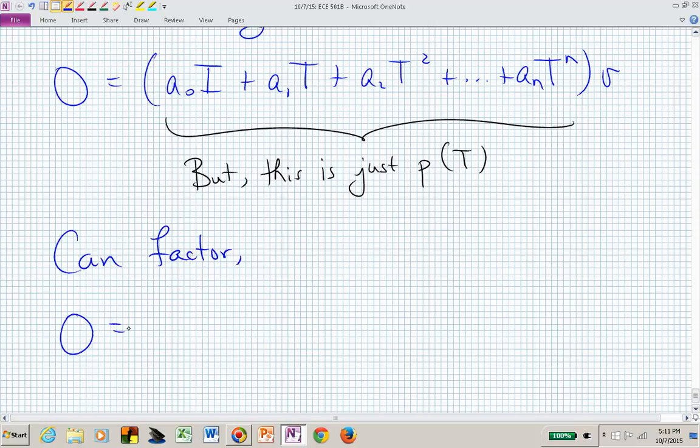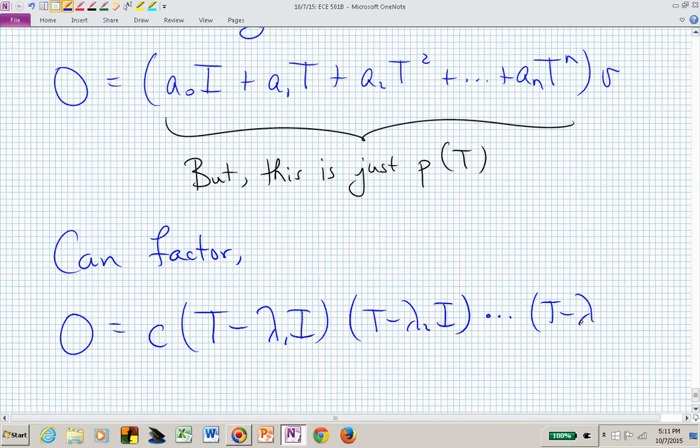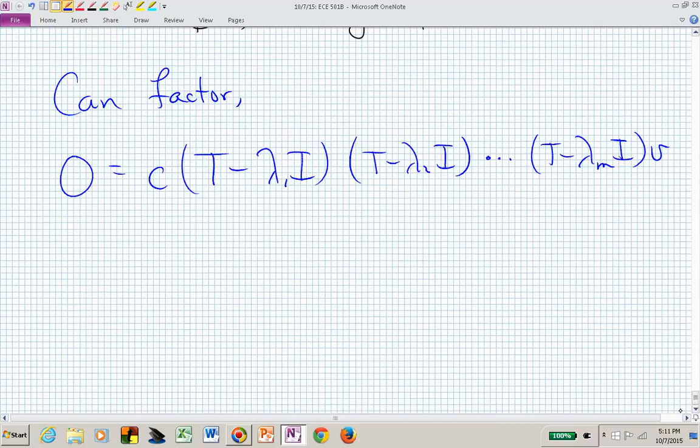and we have 0 is equal to c times t minus lambda 1 I, t minus lambda sub 2 I, all the way up to t minus lambda sub m I times v. So now we have this product of maps that collapse to the 0 vector.